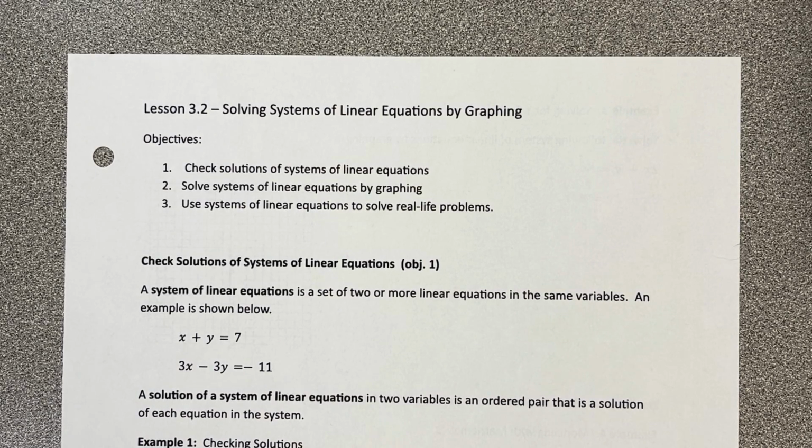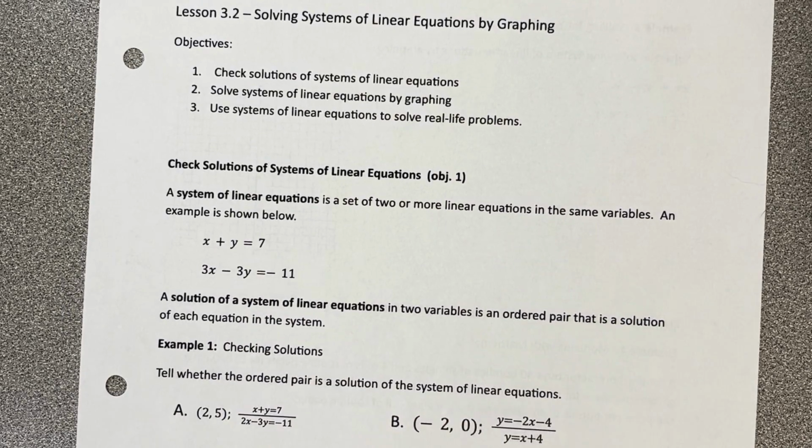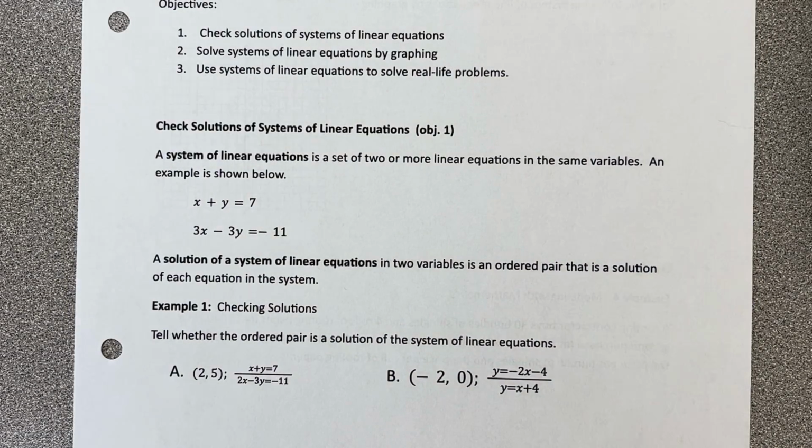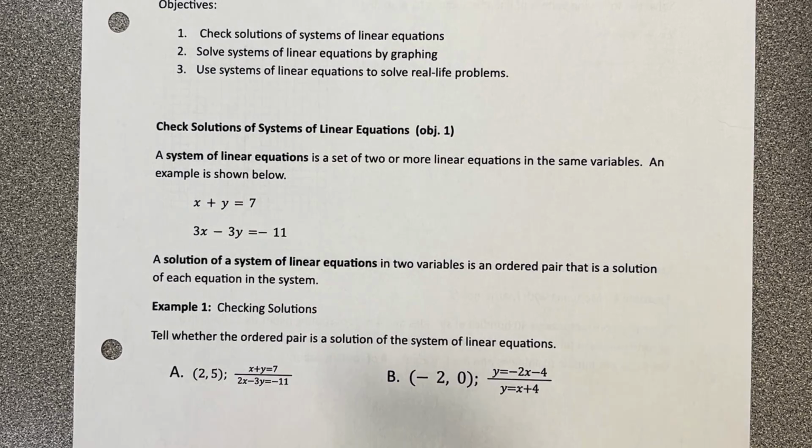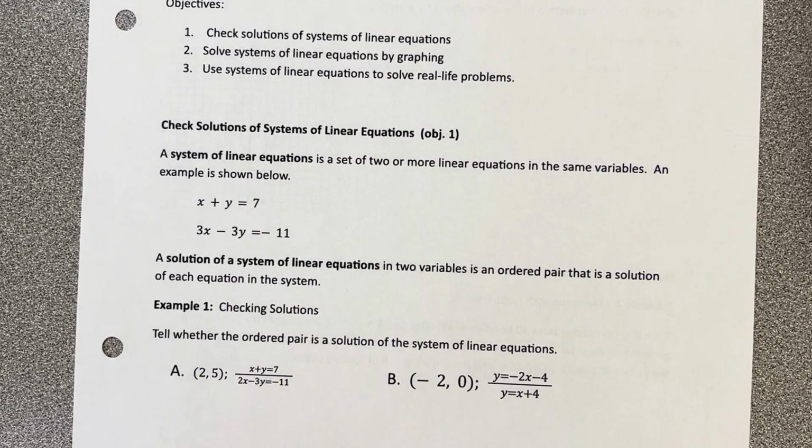So for our first examples here, we're just going to be seeing if an XY value is a solution to both equations, okay? It says, tell whether the ordered pair is a solution of the system of linear equations. I don't like that they put these little lines through there because it looks like division.